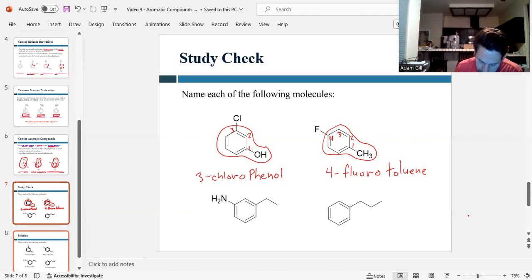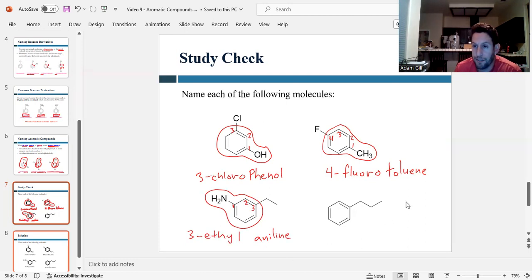All right, next one. Pretty sure this is the parent, and that is known as aniline. So that gets number 1. So that's number 2, and that's number 3. And so at carbon 3, we have an ethyl group. So 3-ethylaniline.